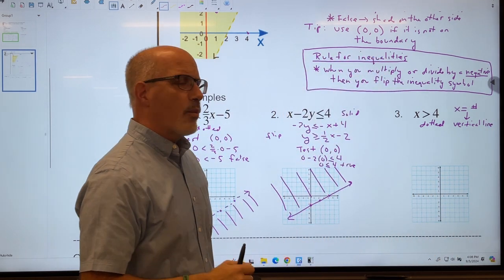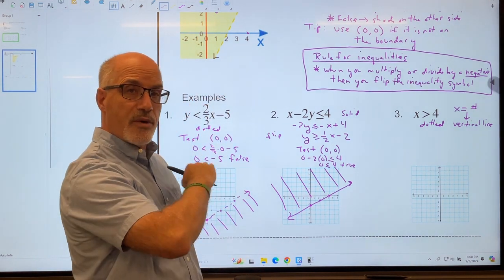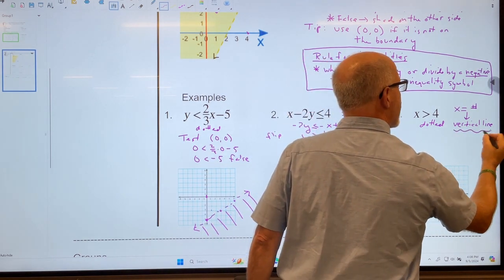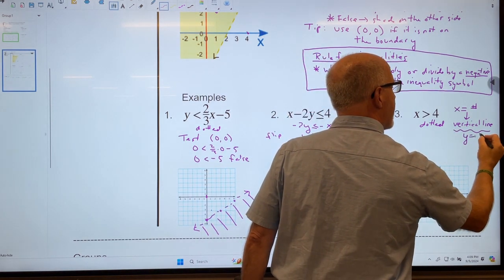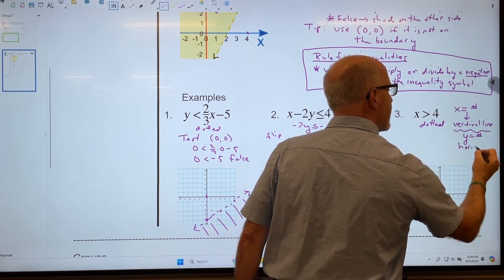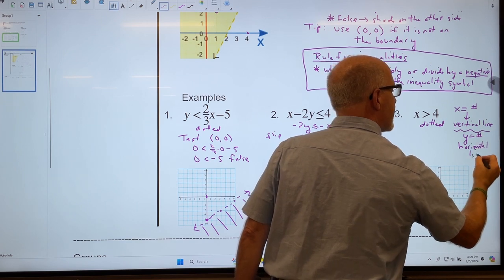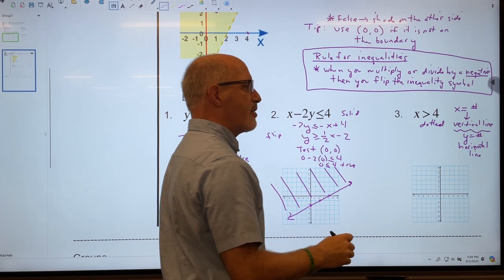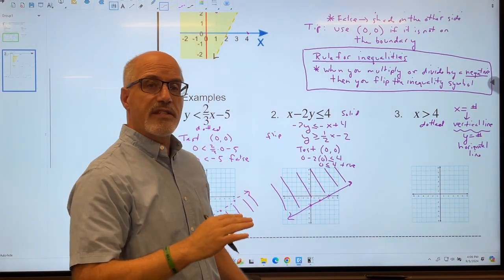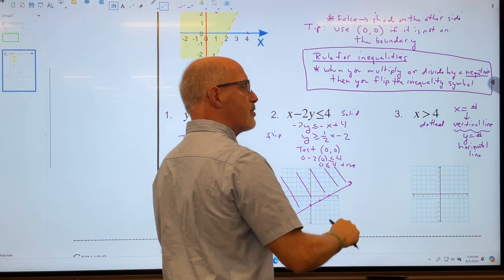So remember that whenever you have x equals a number, you're going to draw a vertical line. Y equals a number is a horizontal line. So let's write that here. Y equals a number is a horizontal line. So just a reminder, if you don't necessarily have a second variable involved, x equals a number is vertical, y equals a number is horizontal.